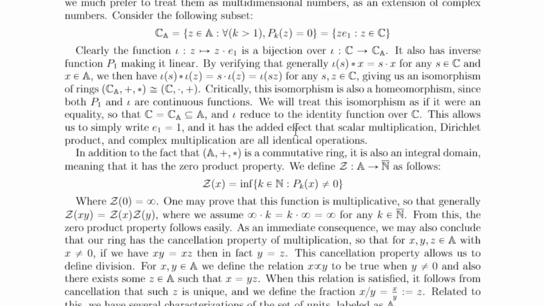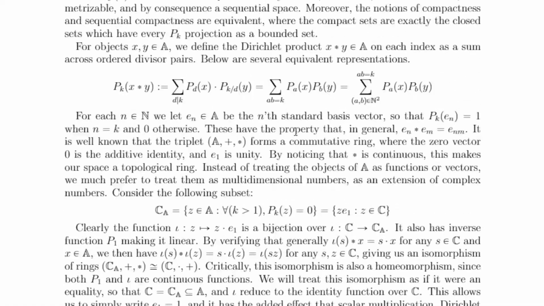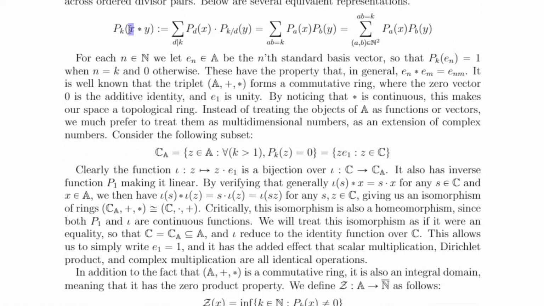We can go back up to our definition for the Dirichlet product. So up here, if x and y have all real entries, when we multiply them together and then we project them onto the kth projection, well, that calculation is just, take the various projections of x and take the various projections of y, multiply them together and add them all up.